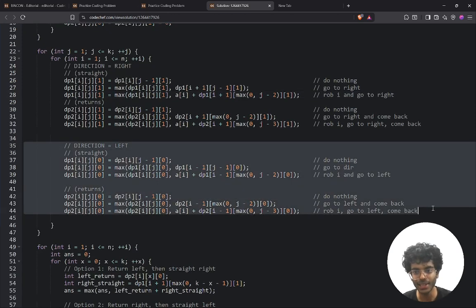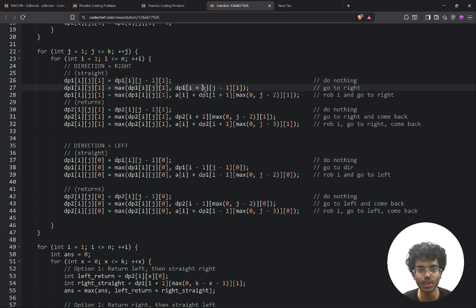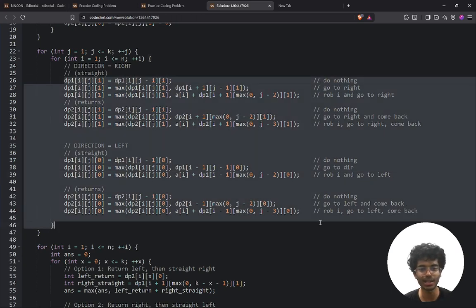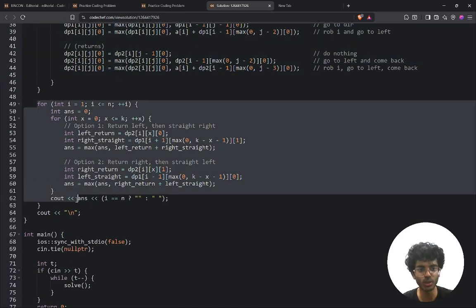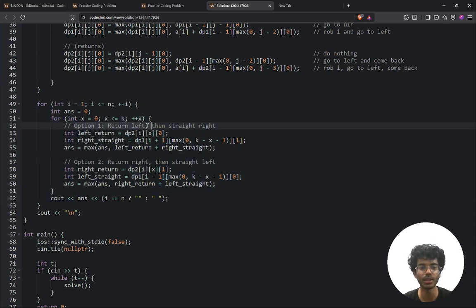Now this is exactly same, but in the left direction. So wherever we had i plus 1, here there would be an i minus 1, and rest everything is exactly the same. So this is how we can calculate our 2D arrays. Now we just need to compute the overall answers. The first option is return from left and then straight go to the right.